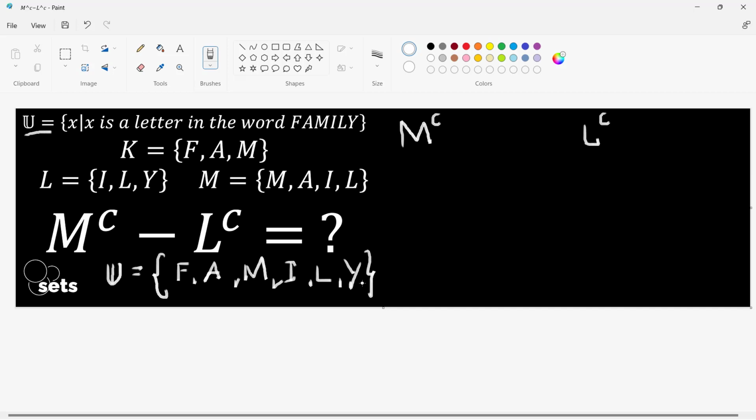When you talk about set complement, we are going to list down the elements of the universal set after removing the elements of the intended set.